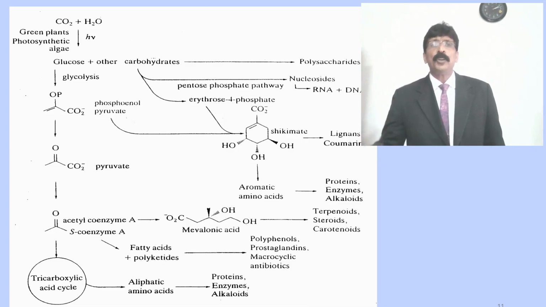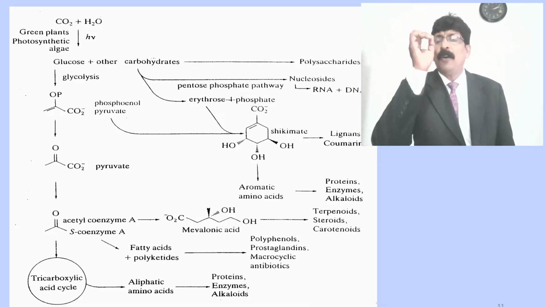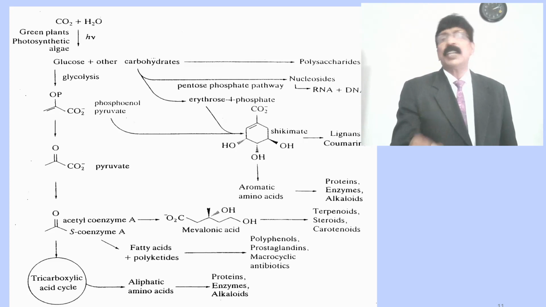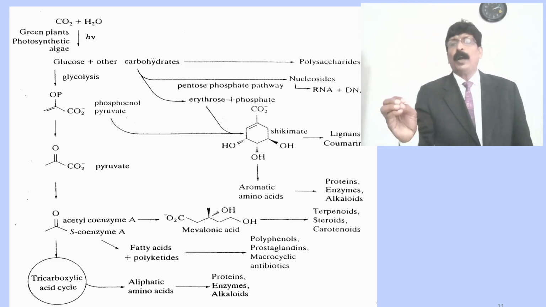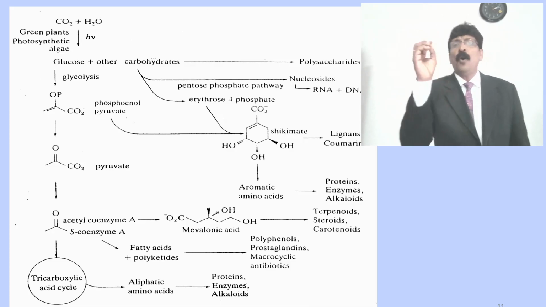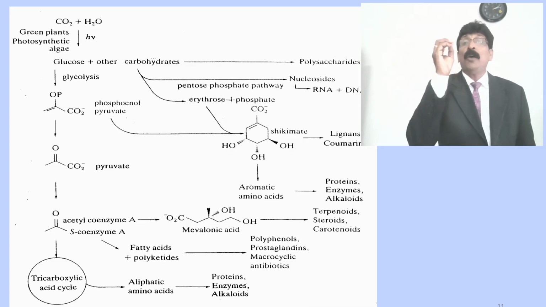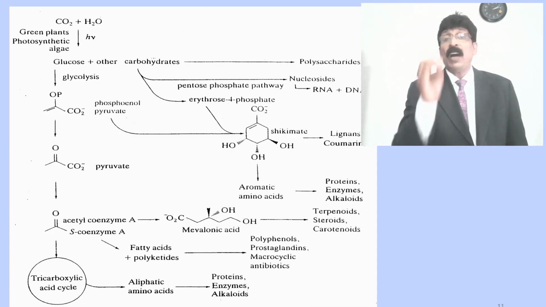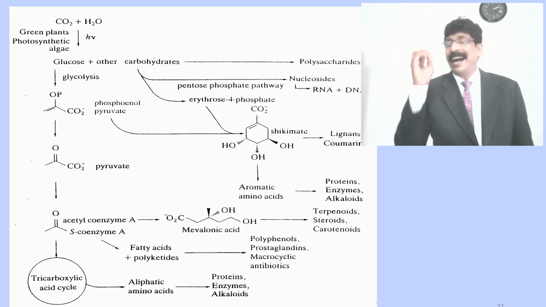So you can write the basic metabolic pathway: it starts from carbon dioxide and water in the presence of light in the green plants, photosynthesis. It produces glucose and other carbohydrates that can be converted into polysaccharides. This carbohydrate can enter the pentose phosphate pathway and gives rise to the nucleosides like RNA, DNA.